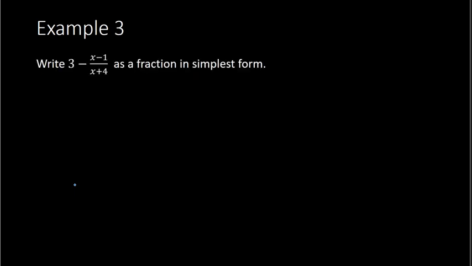Here is another example. We now have 3 minus x minus 1 over x plus 4. So again, we want to write this as one fraction. So we can think of the 3 as being 3 over 1. And I need to write that as something over x plus 4. Well, to get from 1 to x plus 4, I had to multiply by x plus 4.